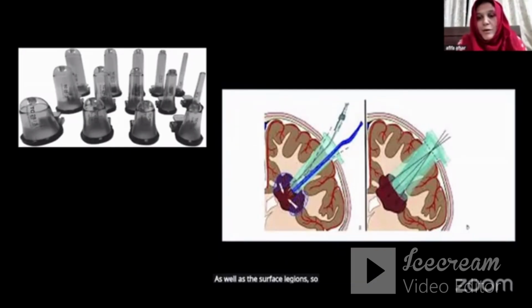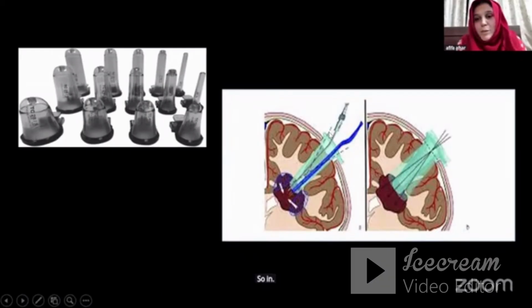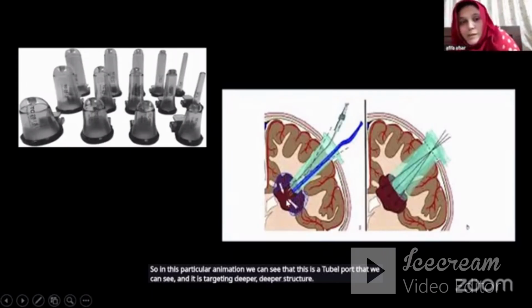The length of the syringe port can be adjusted as per the direction and the distance of the target from the surface. In this animation, the tubular port is targeting a deeper structure.